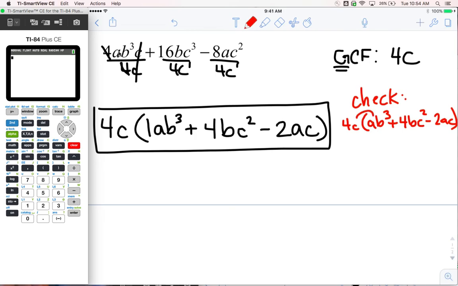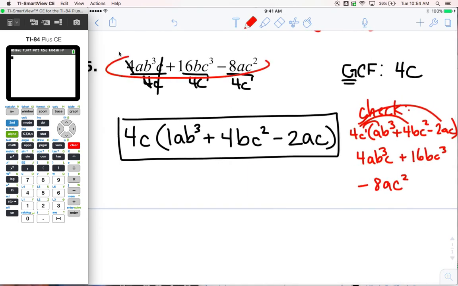And we distribute and we get 4ab cubed c plus 16, no a's, we got a b, and then c squared and c to the first, okay, so c cubed. And then finally negative 8, a, no b's, c squared. Is that what I started with? Looking here. Yep, that is what I started with, so we are good.